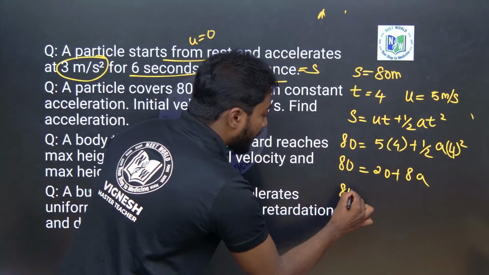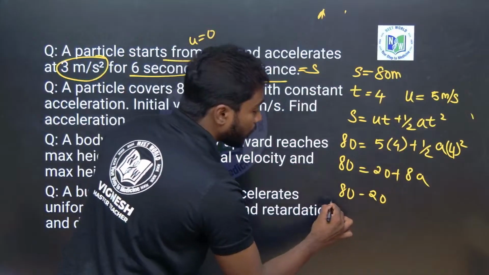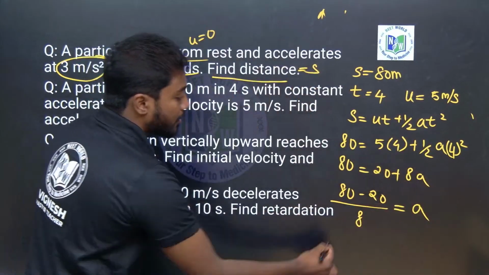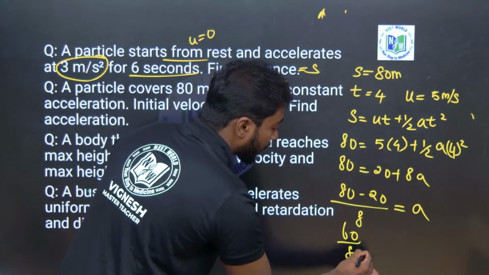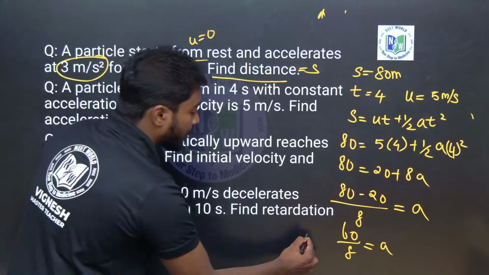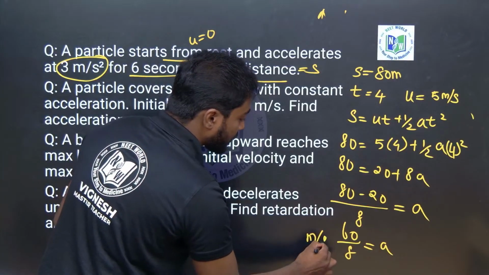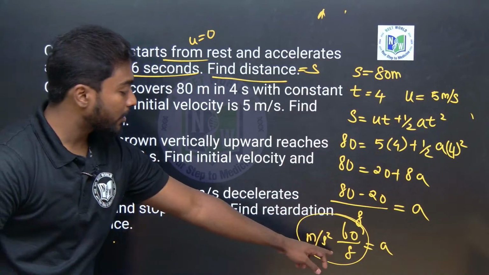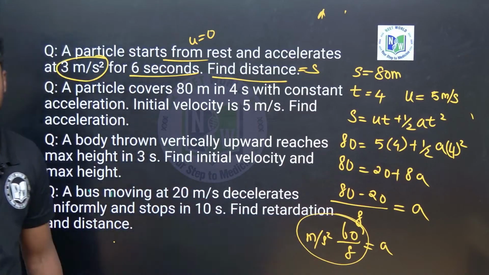So 80 minus 20, now divide by 8, equals a. So 60 by 8 is the acceleration, in meters per second square.